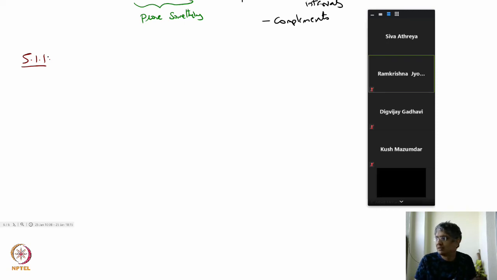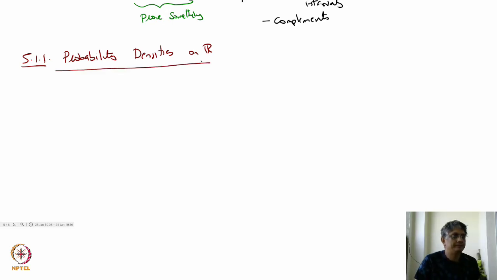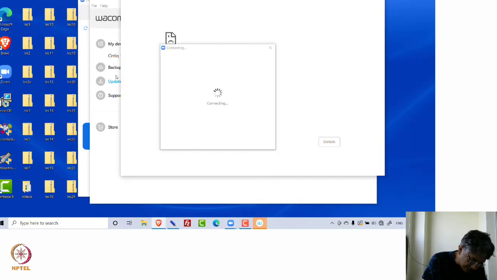Now I'll define what are called probability densities on R. The primary way to define a probability on R is to go through what's called a density function. That's the first step, you understand. There are other ways.